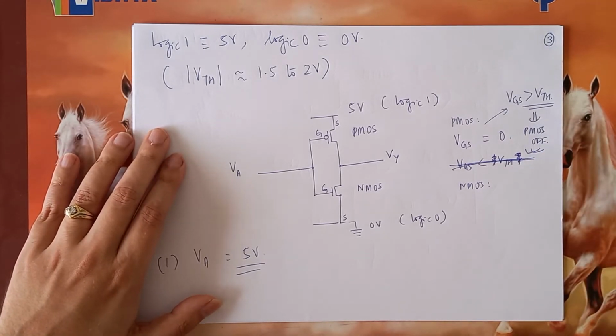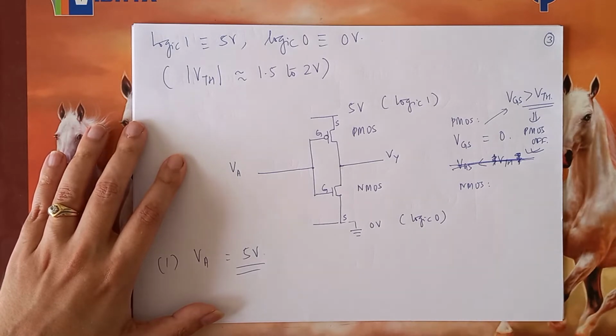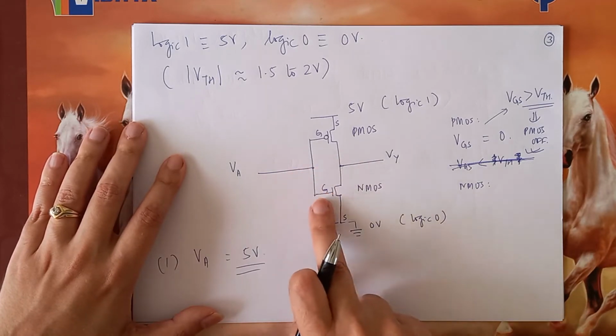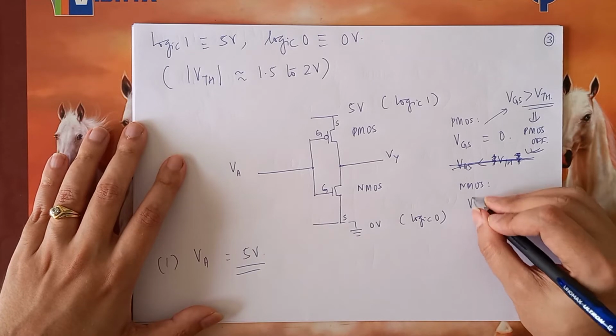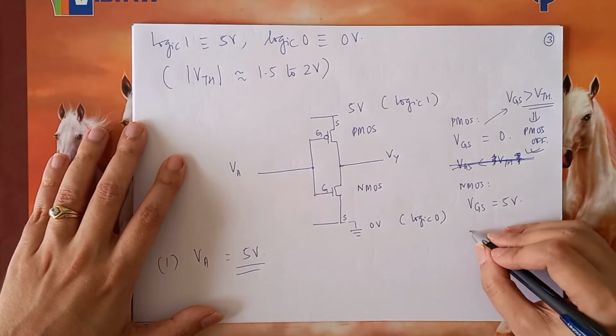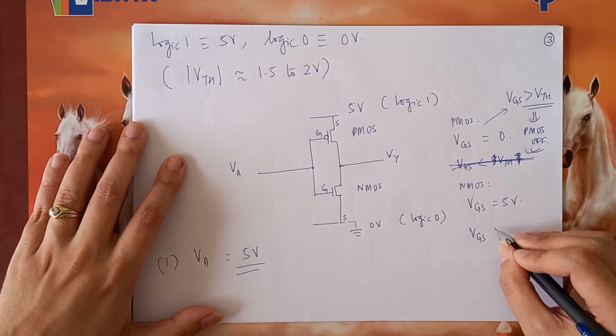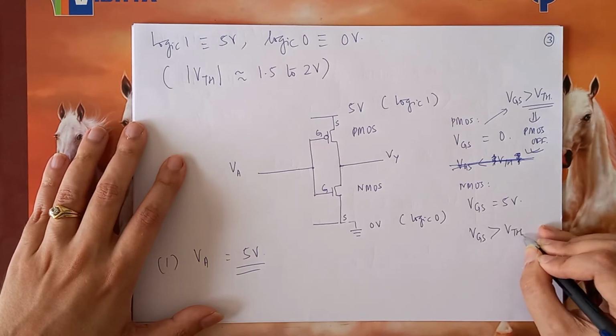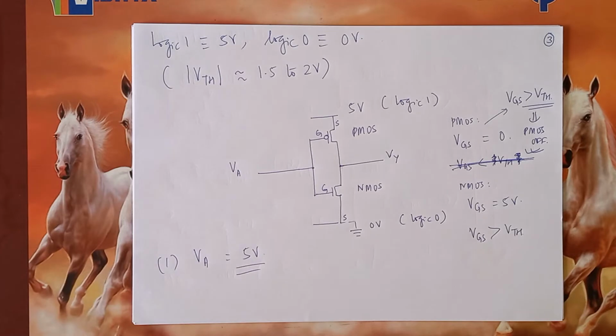Just be very careful with this. The NMOS, on the other hand: the gate voltage is 5 volts, source voltage is 0. So the VGS is now 5 volts. It is more than VTH. Now VTH for the NMOS is positive.